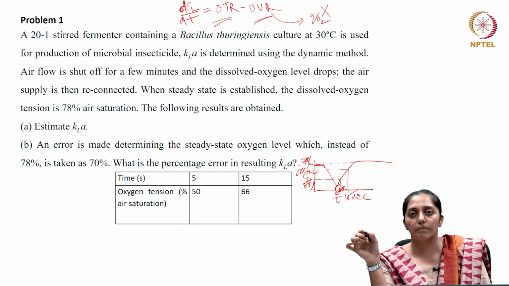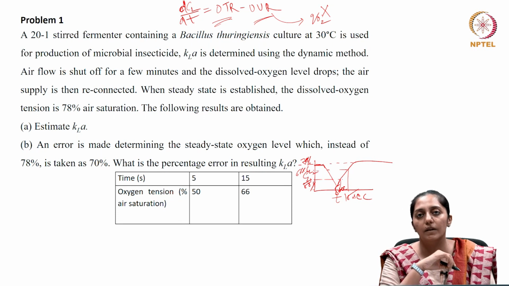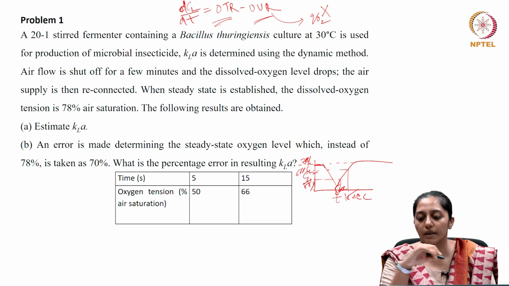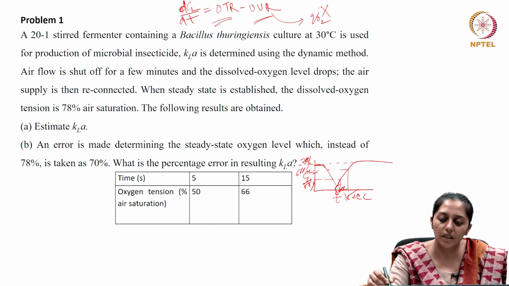And if you remember the assumptions in the dynamic method while calculating KLA, it was that during this process of data collection and finding the value of KLA, the biomass is not changing. So we can assume the consumption term to be the same.